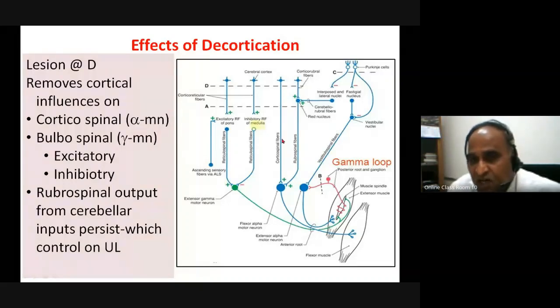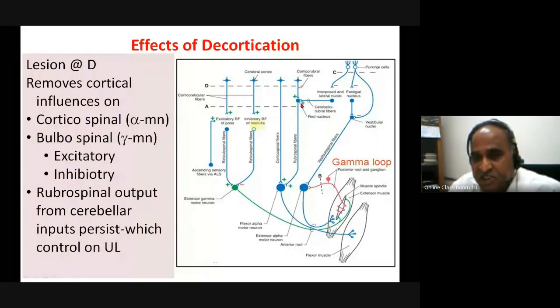Now come back here. It is the corticospinal tract. This is a flexor group of muscles. The corticospinal tract gives input to the flexor muscles here, and the rubrospinal tract. Corticorubral fibers: there is no excitatory input to the rubrospinal fibers, and the rubrospinal fibers receive input from the interpositus of the cerebellum, the cerebello-pontorubral fibers.